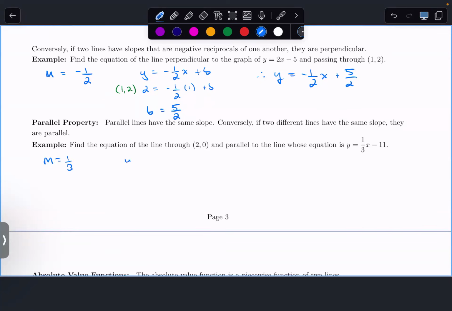And y equals 1 over 3x plus b has to pass through 2, 0, which means that 0 is 1 over 3 times 2 plus b, which means b must be negative 2 over 3.